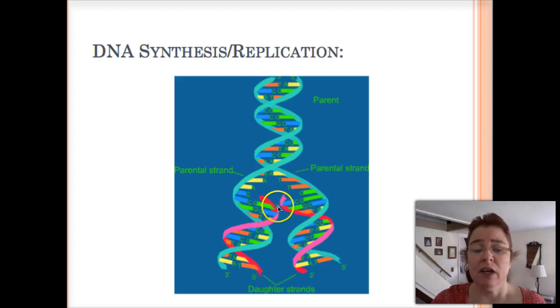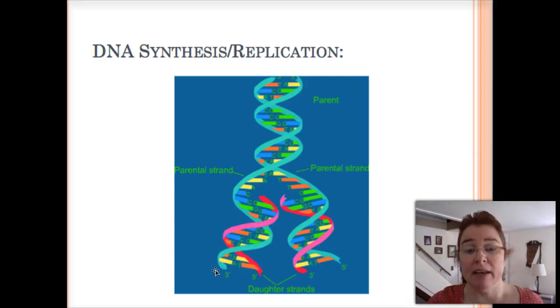In other words, when the double helix is separated and this strand of parental DNA is separated from this other strand of parental DNA, each of the base pairs is split. Everywhere on these exposed strands, then, there's room for the complementary base to come in and hydrogen bond. And that's what you're seeing happening here.